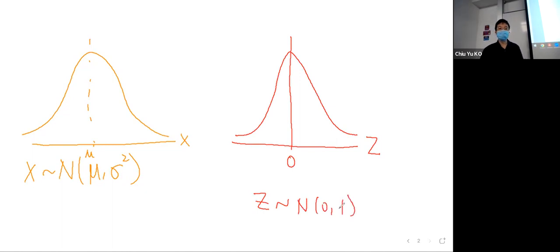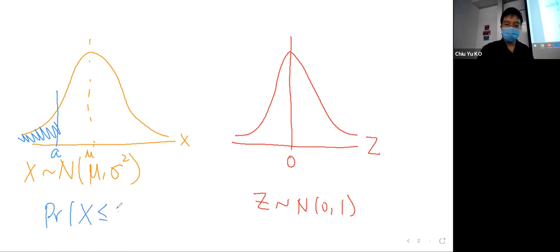The reason we are doing all this is that, suppose this point is called A, and I want to know the probability that X is less than or equal to A. Remember how we do this: it is F of A. How do we calculate it?